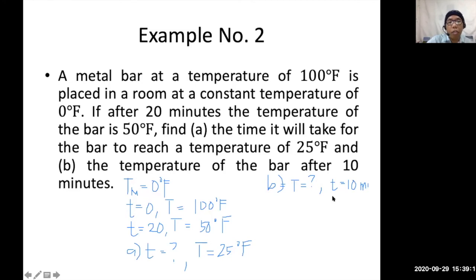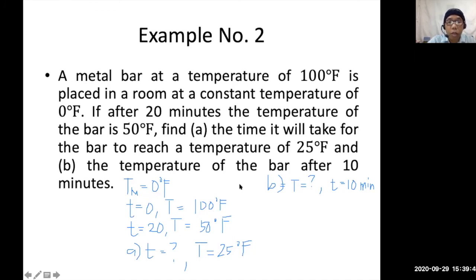So we're expecting to have greater than 50, right? Because it's only 10 minutes. Unless it says after an additional 10 minutes, so that would be 30 minutes. That is one of the possible modifications for this problem.